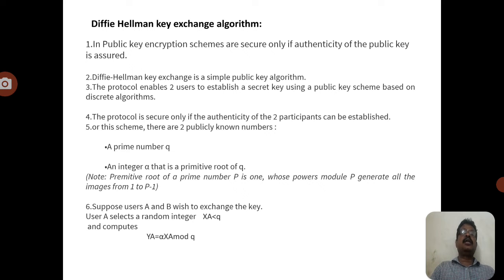The concept of this public key crypto system is that each end user can generate a pair of keys, a public key and a private key. This concept was already discussed in the previous videos.